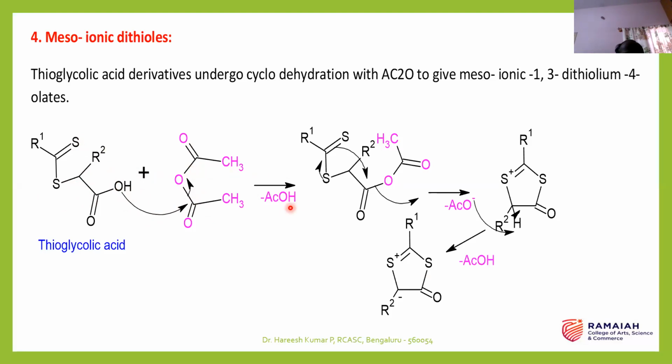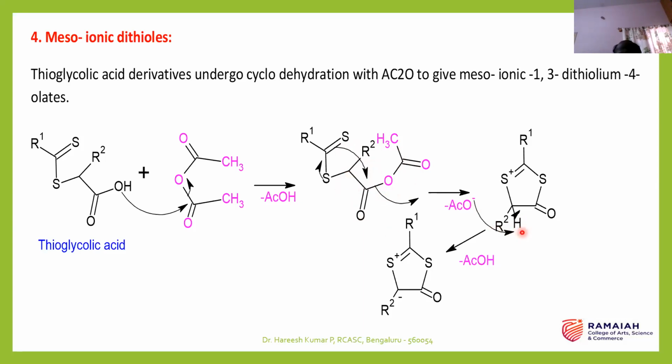Then an intermediate is formed like this. At this moment, the lone pair present on the sulfur will come over here, and this bond pair attacks the carbonyl carbon, and this bond pair, along with this bond pair, acetoxy is going. While going, acetoxy will pick up a proton, so the proton present over here.